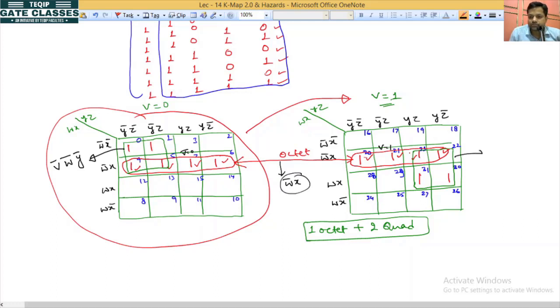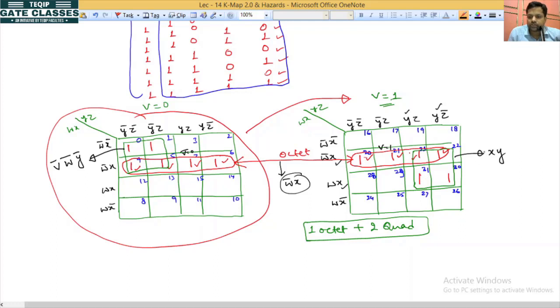Now go for this. From the row side we have x common, so x will be here, and from here we have y, so it will be y, and each cell of this K map is having v, so all the cells of this group are having v.